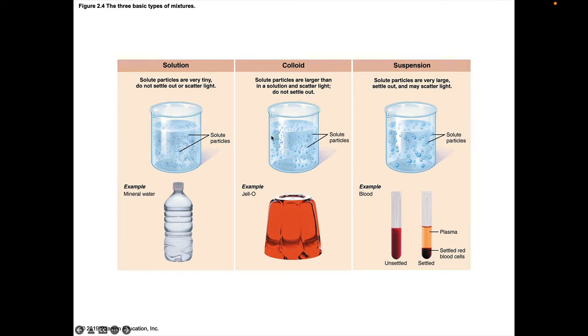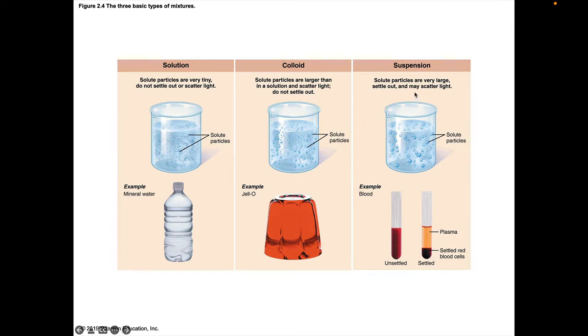And in the colloid, these solutes also don't settle out. So if you just left this jello here, the components that are in this jello don't settle to the bottom. So some examples of a colloid are the jello shown in this picture, but also the cytosol, the portion of your cell where we find a lot of the organelles suspended.